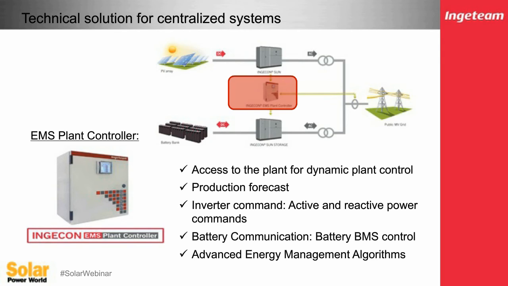And also from a communication standpoint, it is always receiving from the battery BMS the state of charge and all the parameters which the battery system needs to operate. All that is running through the plant controller.